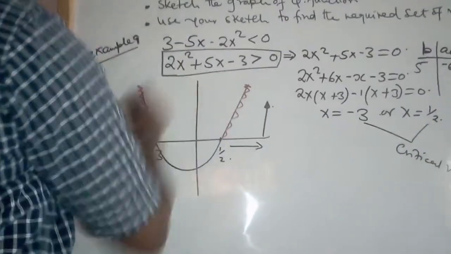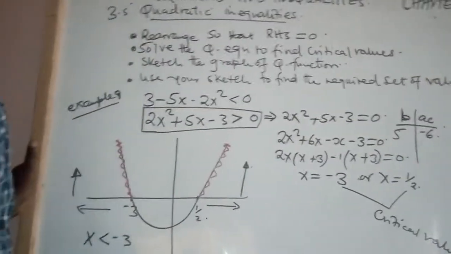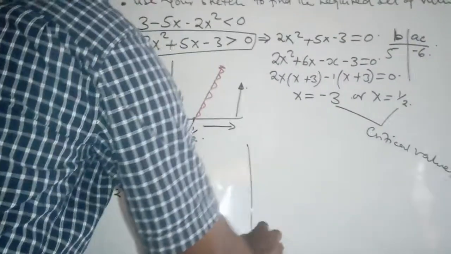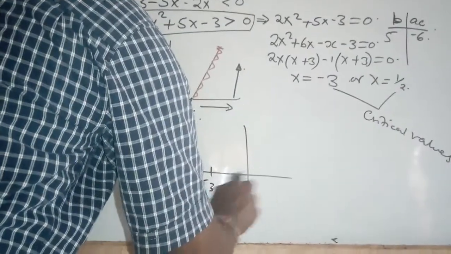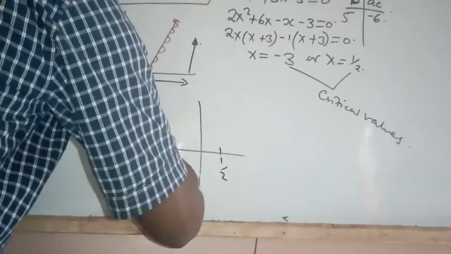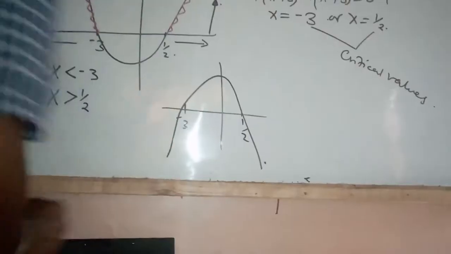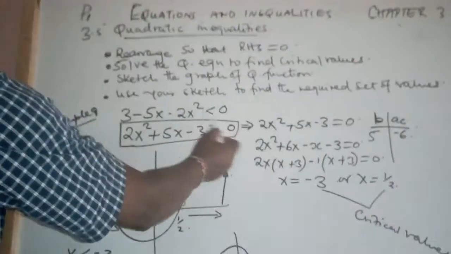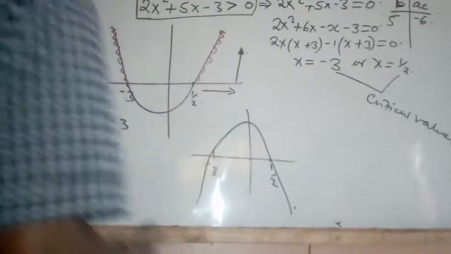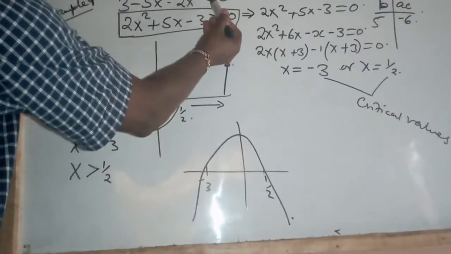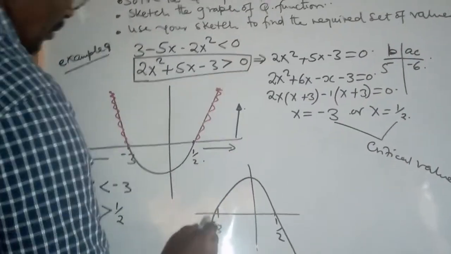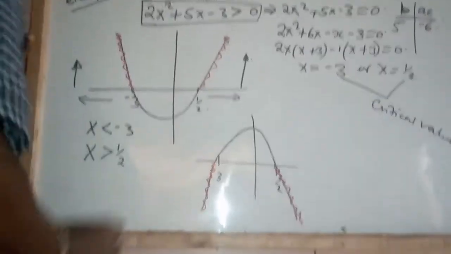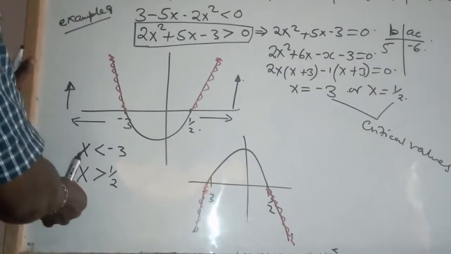If we had used minus 2 as the value of a, we would have had a graph with critical values minus 3 and a half, a graph that is N-shaped, and we were supposed to have anything less than 0. So we would have taken the region which is below 0, and you would have realized the same kind of values.